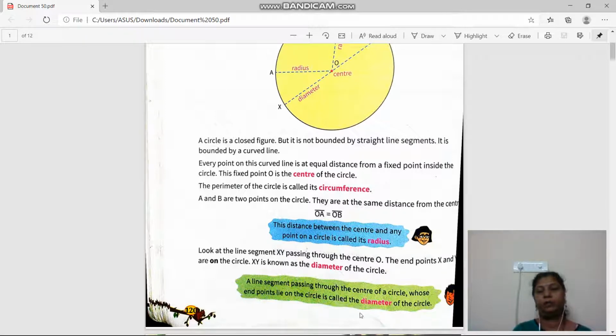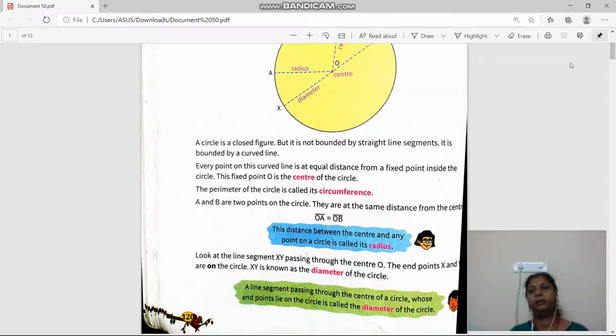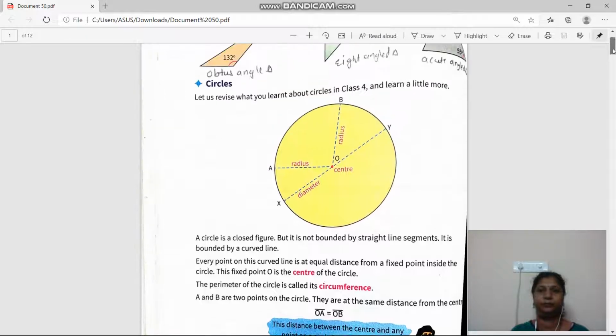The diameter is also a line segment passing through the center, whose end points are on the circle. Once again I will repeat so that you can see in the diagram. The line segment which passes through the center and whose end points are on the circle is called the diameter.